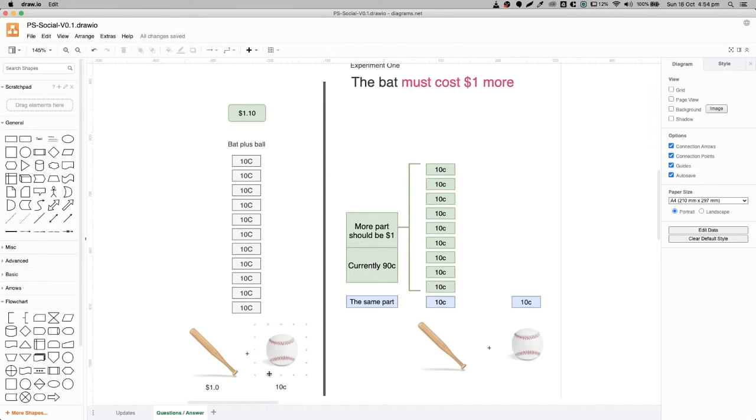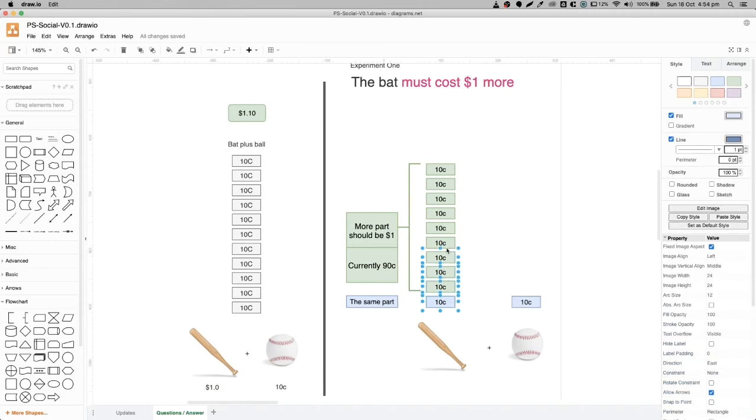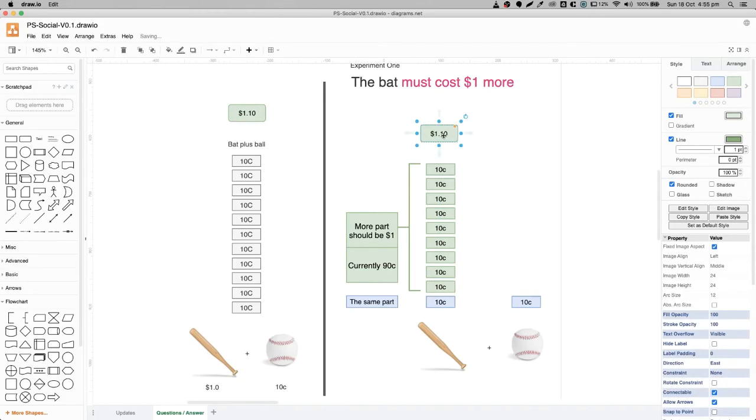Now I have laid down this question assuming the bat costs $1. So it is 1, 2, 3, 4, 5, 6, 7, 8, 9, 10, $1, and the ball is 10 cents. If I calculate all that, 10 plus 10 plus 90, it makes 120.